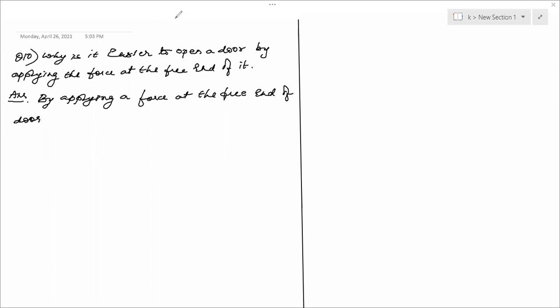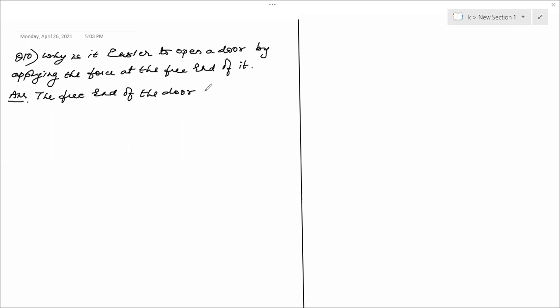I'm so sorry, beta. I should have written it right, but I'd better write it like this. The free end of the door is at maximum distance from the axis of rotation of the door.